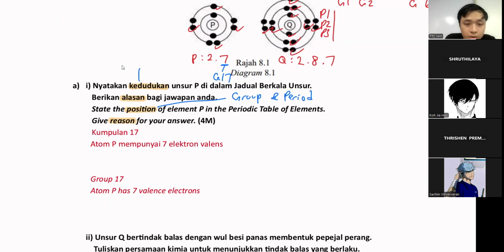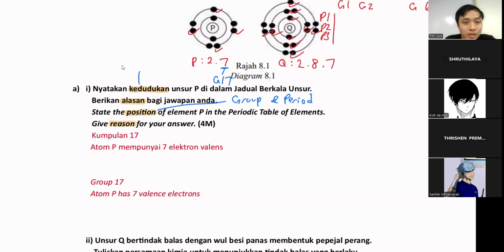In Malay you call it the kedudukan. Just talk about where they are in the periodic table, in the jadual berkala unsur. In Malay it's called kumpulan and kala.